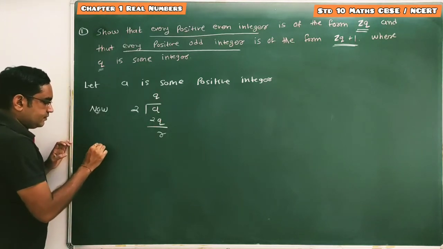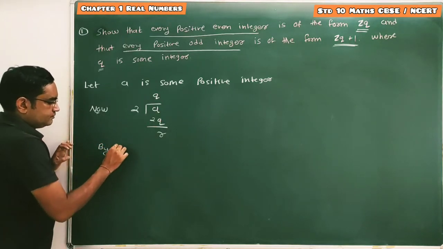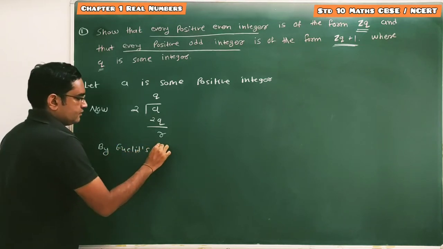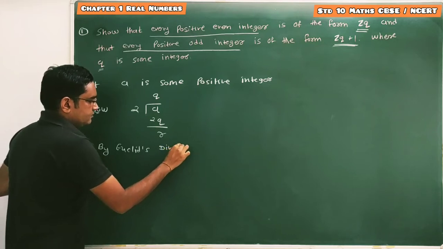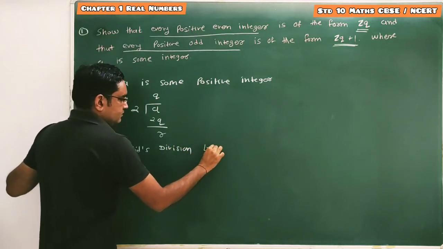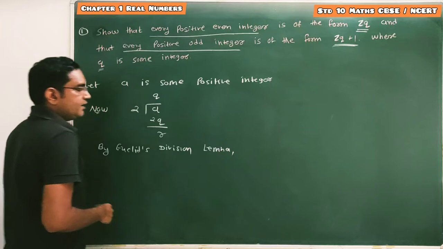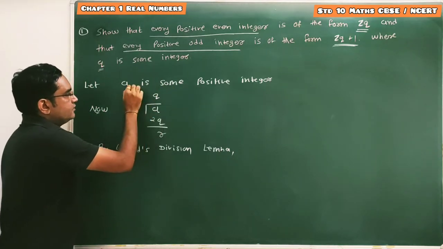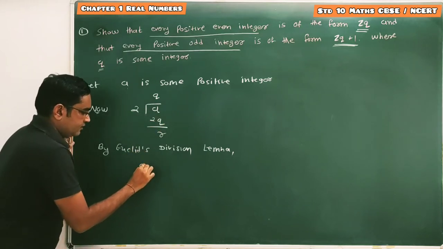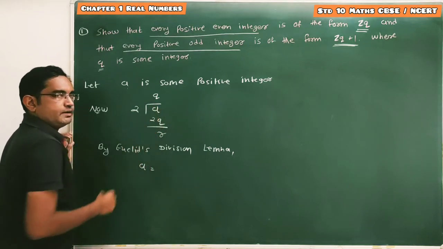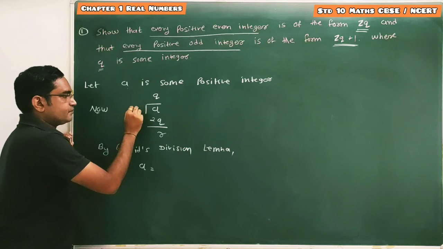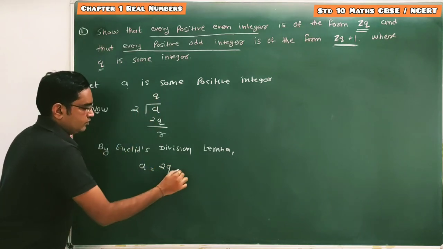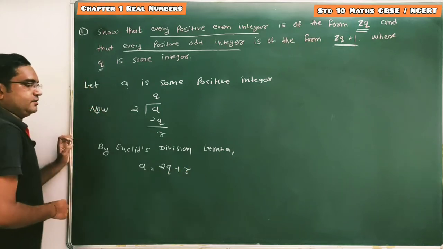So by using Euclid's division lemma, we can say that this positive integer a can be written as the product of this divisor and quotient, 2q, plus this remainder r.